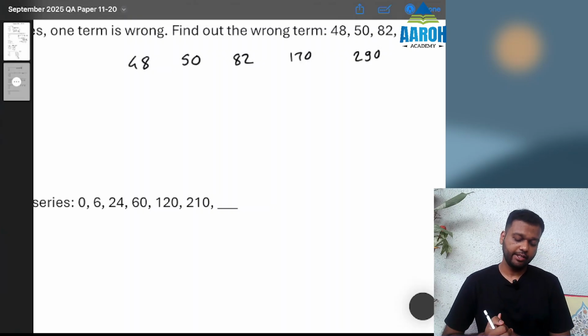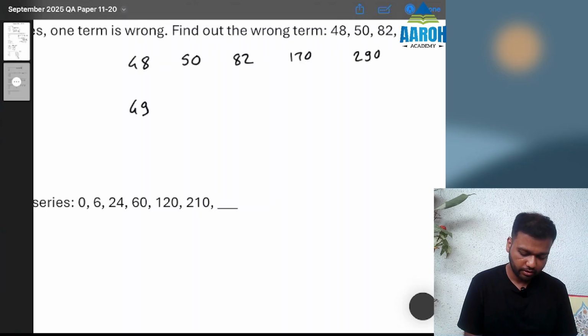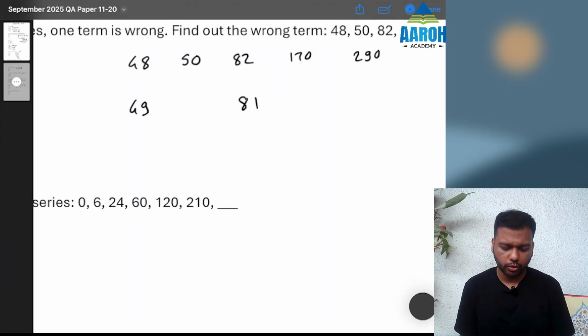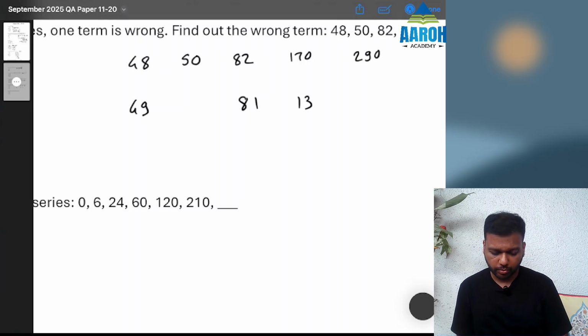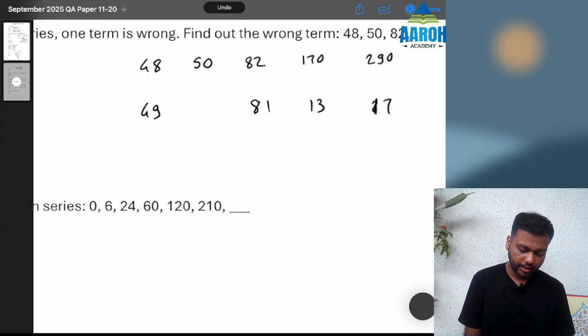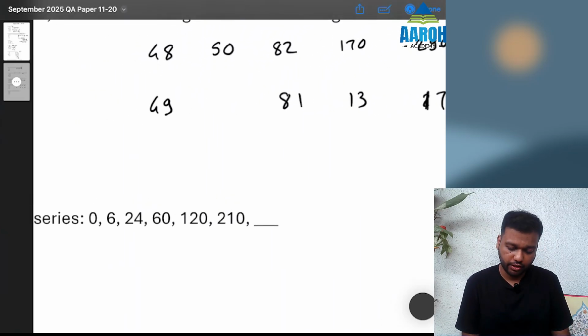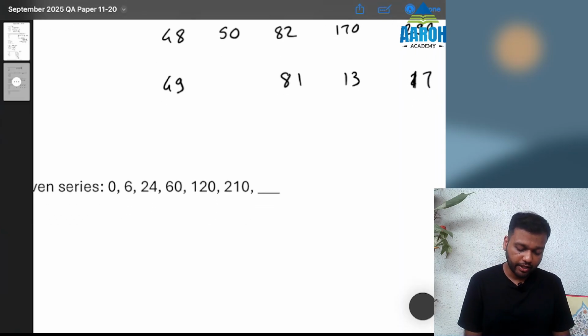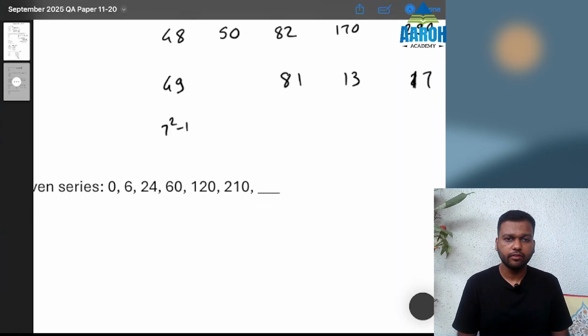But can you see 7 square is 49, right? 9 square is 81. Then 170 is also close to a square because 169, if you check, is square of 13. And 290 is also close because 289 is square of 17, right? So rather, this 48 has come as 7 square minus 1.